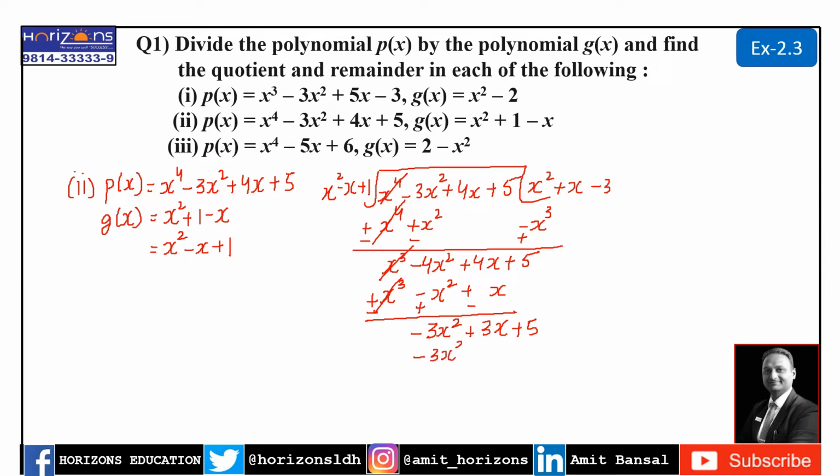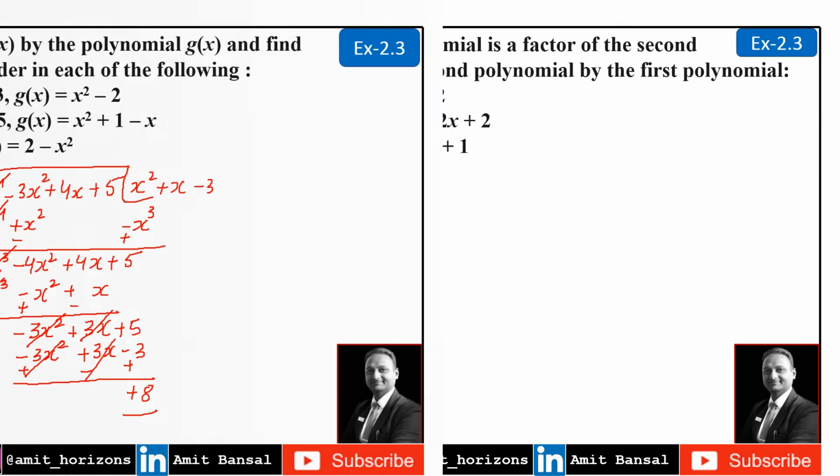So minus 3x square plus 3x, minus 3 into minus 1 is minus 3. Changing the signs, we get this. So minus 3x square plus 3x square will be cut. 3x minus 3x, and I am left with plus 8 as the remainder. Right? If by chance we are told to verify the division algorithm, then we can now use this divisor, dividend, quotient and remainder to verify the same. Right? Moving on to the next question.